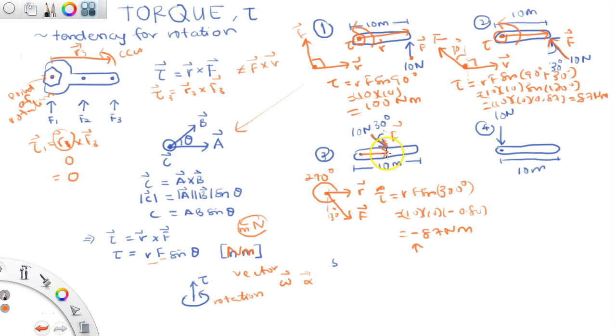If you rotate this structure downward, the rotation would be like this, right? If you do rotation like this and use your right hand rule, the torque is into the page. So this into the page is represented by this negative.